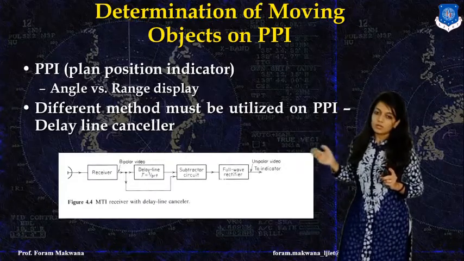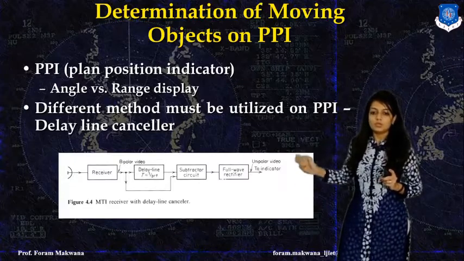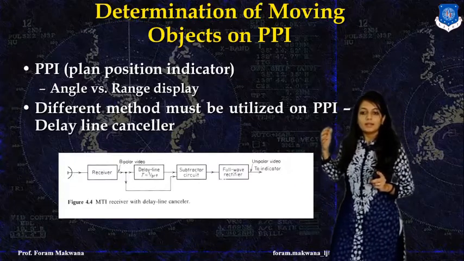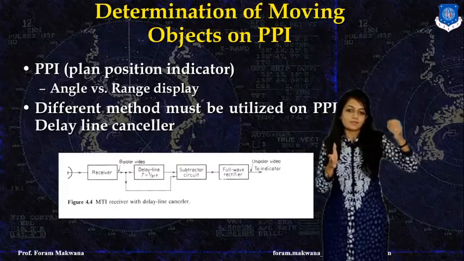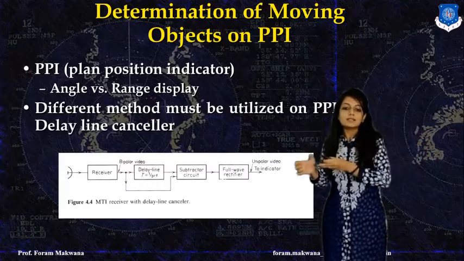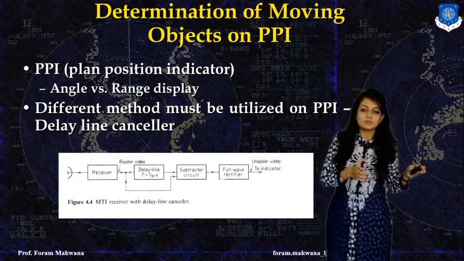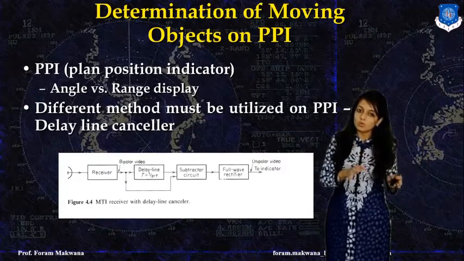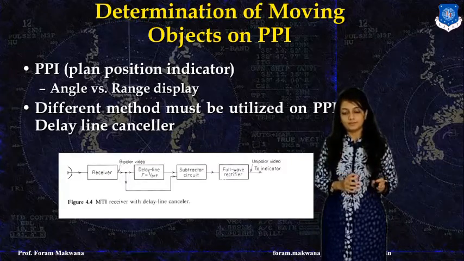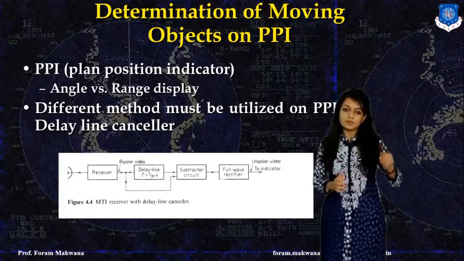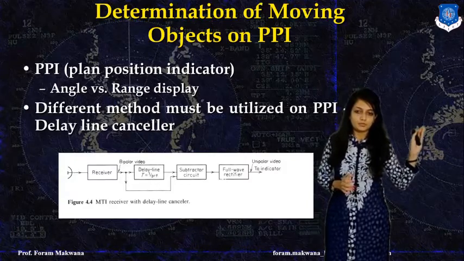So the subtractor circuit will compare these two echo signals, and after that we need only the positive half cycle. That's why that signal is going to be passed through the full wave rectifier, and we know the response of a full wave rectifier, it gives you only the positive amplitude.